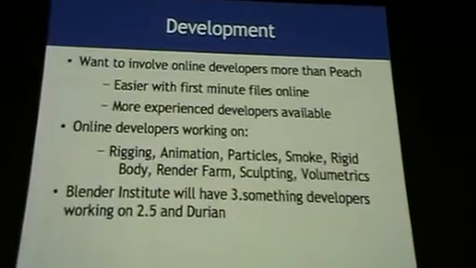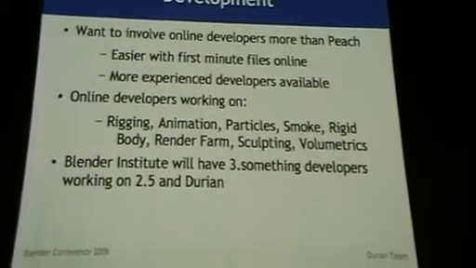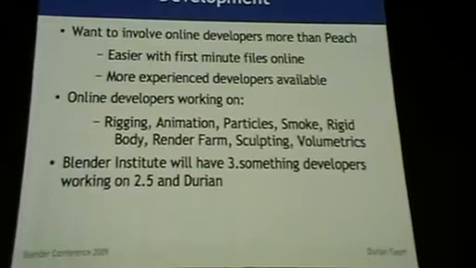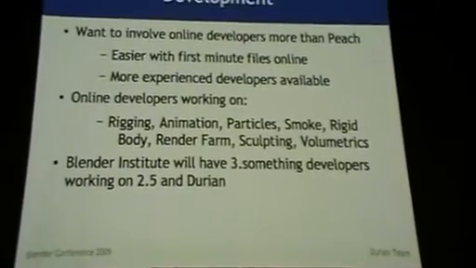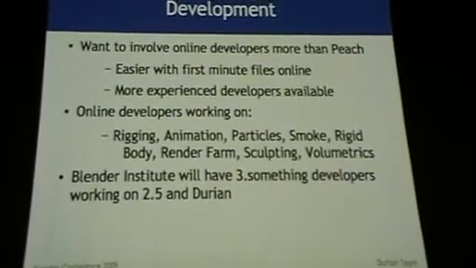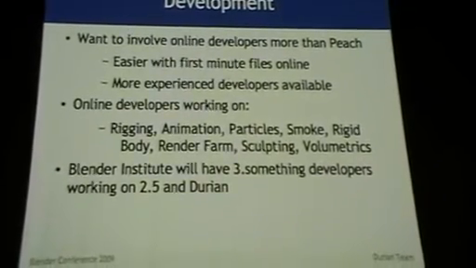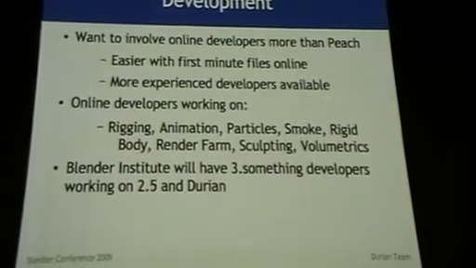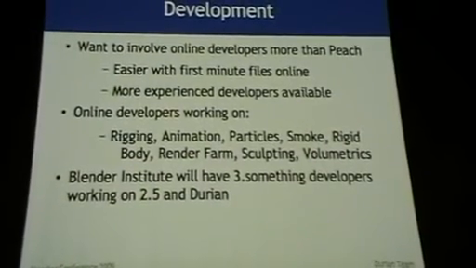We can make a scene and show them, well, this isn't working correctly, and that way we might get a better dynamic and get them involved more. Also, since Peach, there have been quite a few new developers, and people are more experienced in various areas. So hopefully we can get more help externally this time.